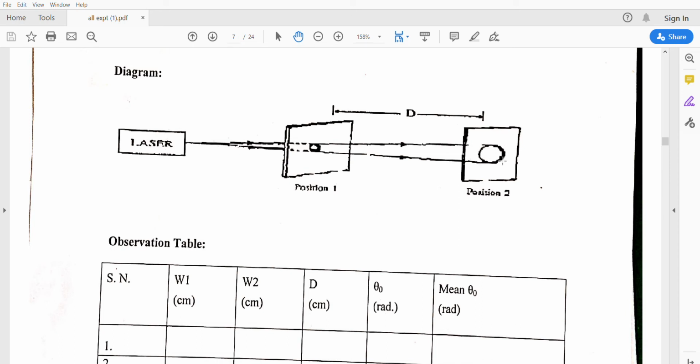Using this spot we can calculate the width of the second spot, that is W2. Capital D is the distance between position 1 and position 2. Here the first position is kept at 10 centimeters, and the second position is kept at 20 centimeters from the laser source. So the distance between position 1 and position 2 is 10 centimeters.